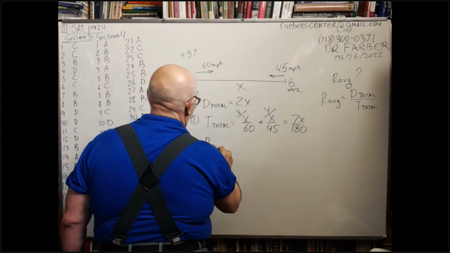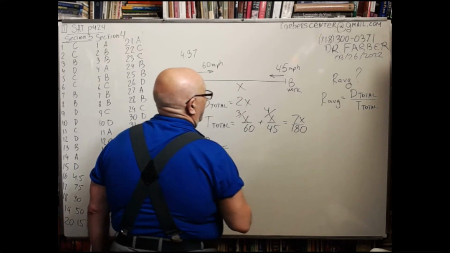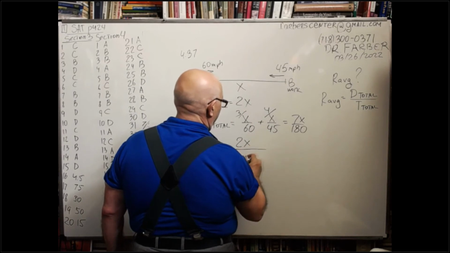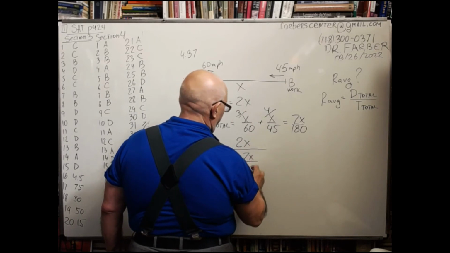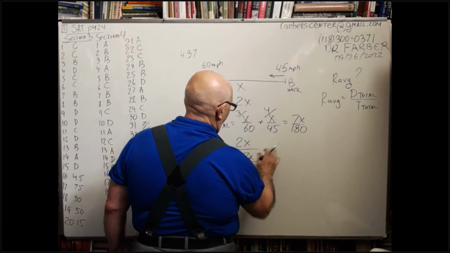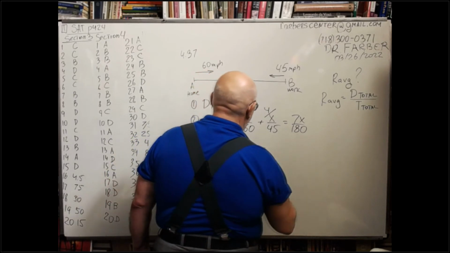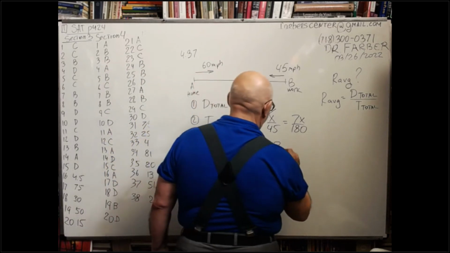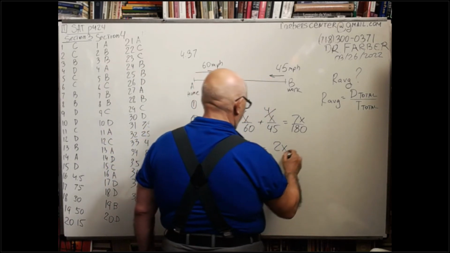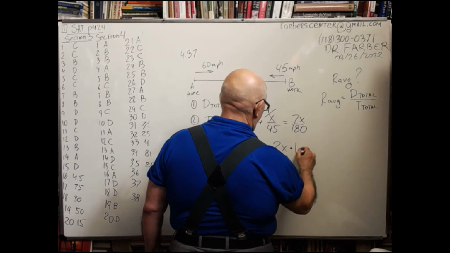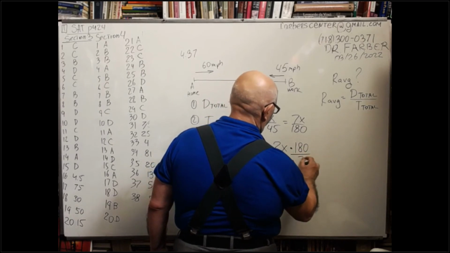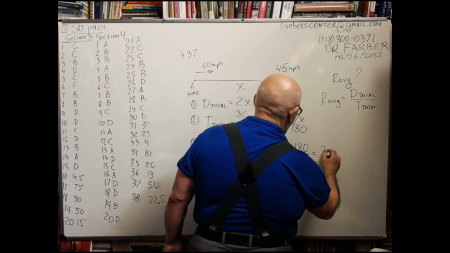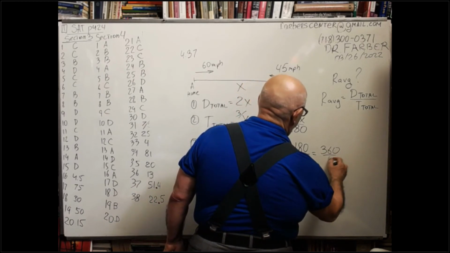R average equals 2x divided by 7x over 180. Or keep, change, flip, Kentucky Fried Chicken, KCF. 2x, keep like it is. Change division to multiplication and flip upside down. Cancel out, and you have 360 divided by 7.